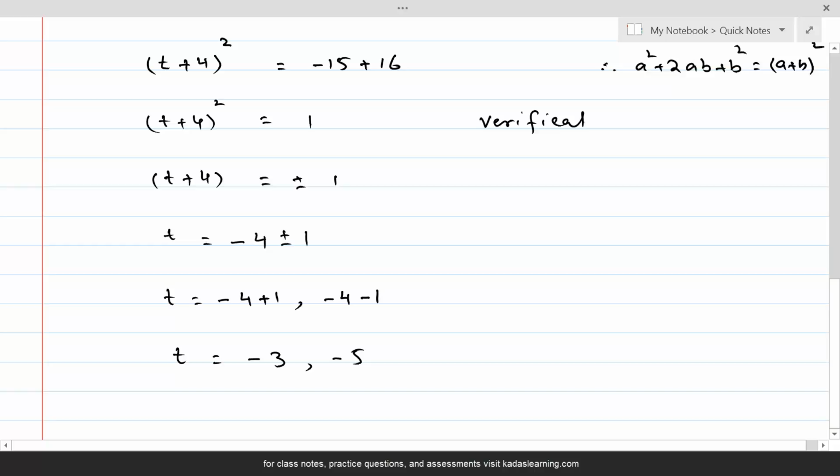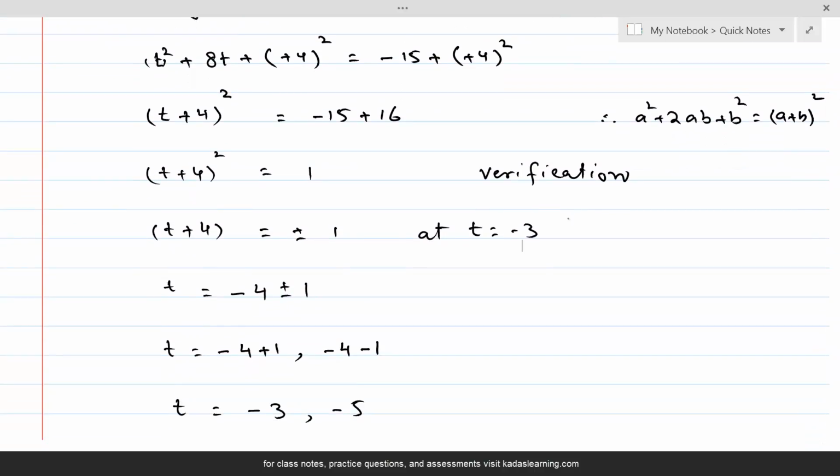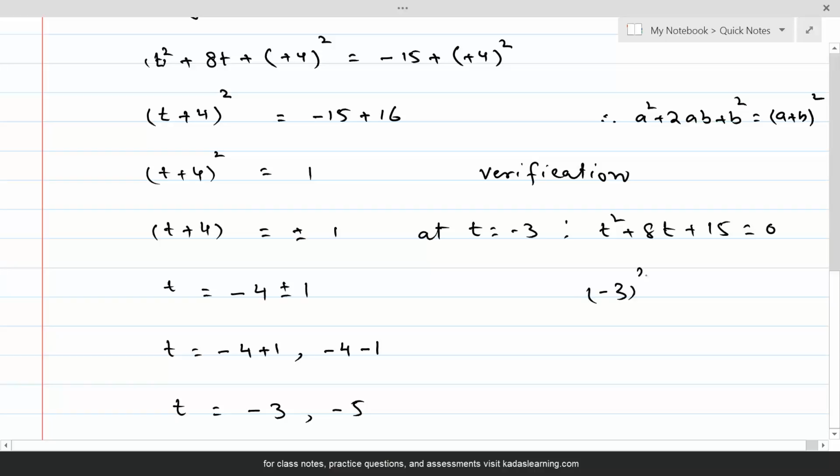Verification at t is equal to minus 3. What was the equation? The equation was t squared plus 8t plus 15 equal to 0. We can see that this will become minus 3 squared plus 8 times minus 3 plus 15 equal to 0.